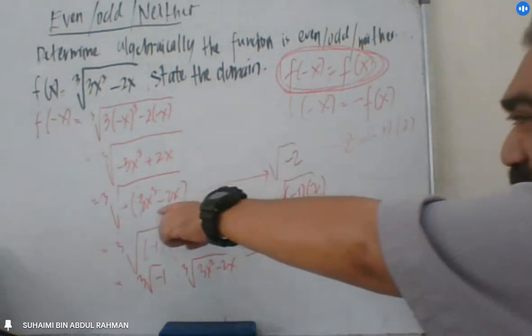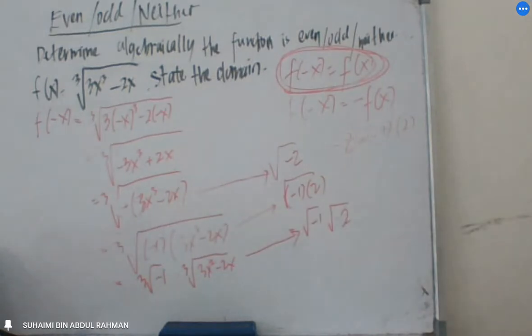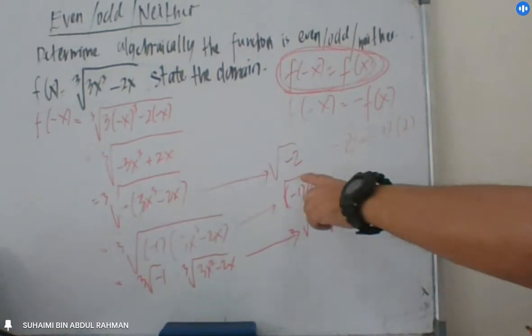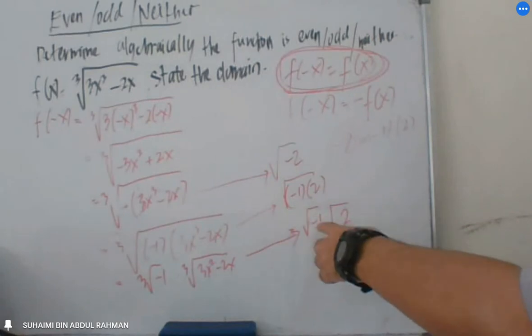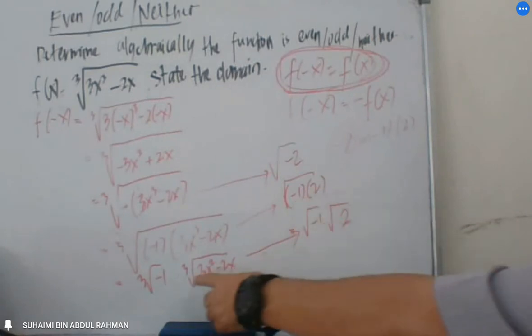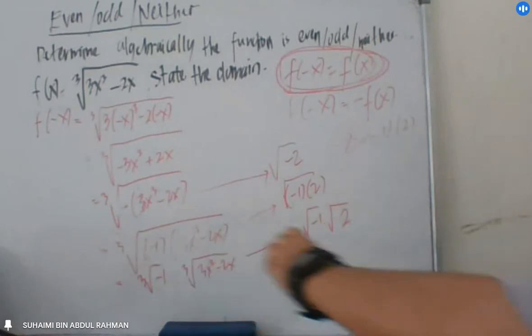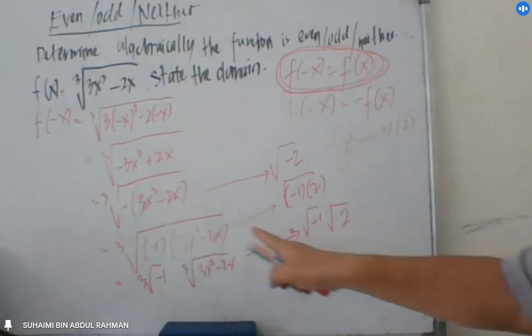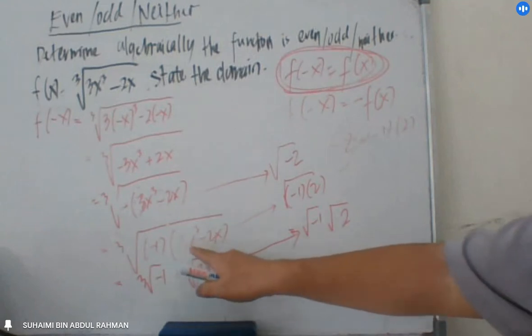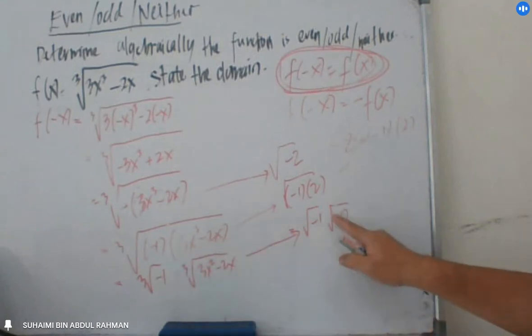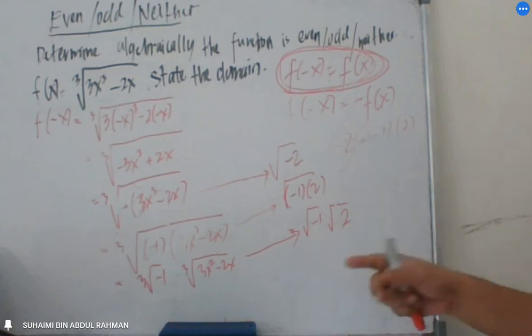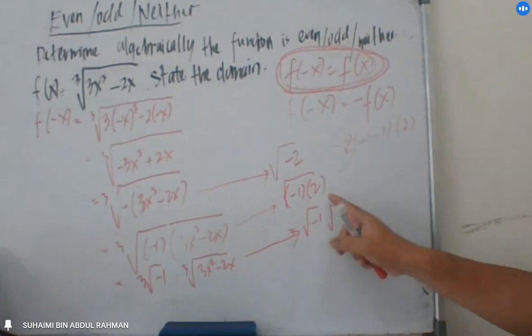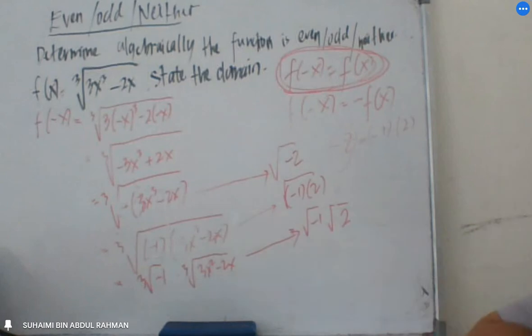Same, only now we play with a big number with x, but now we go to the small number. We separate into two parts. One part is minus 1, one part is 3x cubed minus 2x. Same like this, we separate into two parts. One part is minus 1, one part is 2.